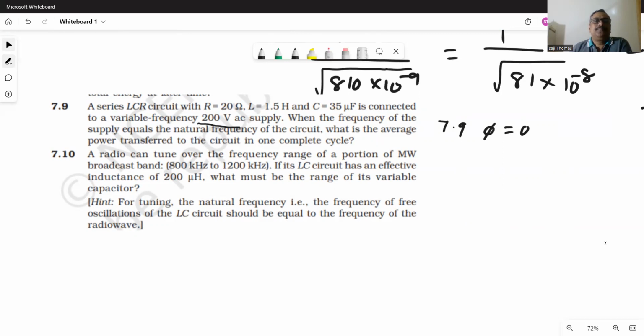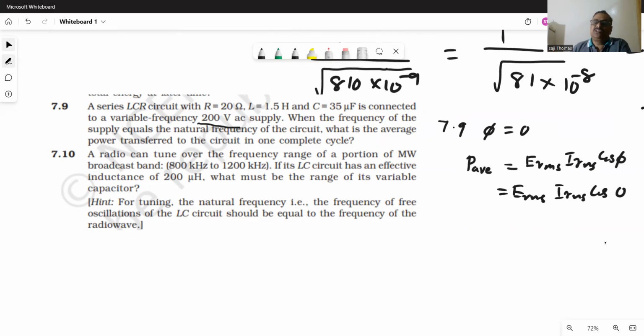You have to find out the average power. This circuit is an LCR circuit. What is the equation for average power? P average equals E RMS I RMS cos phi. So E RMS I RMS into cos 0. Cos 0 is 1.